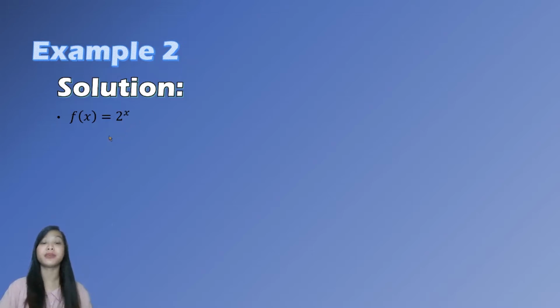So first, let's have f of x equals 2 raised to x. It's the same function as our first example. So let's have a domain, which in this form of exponential function is the set of all real numbers.